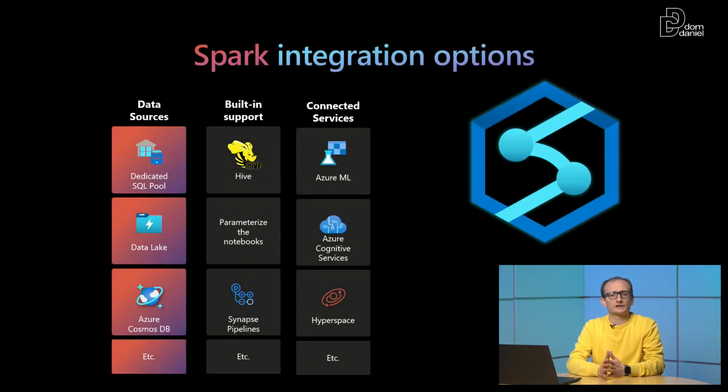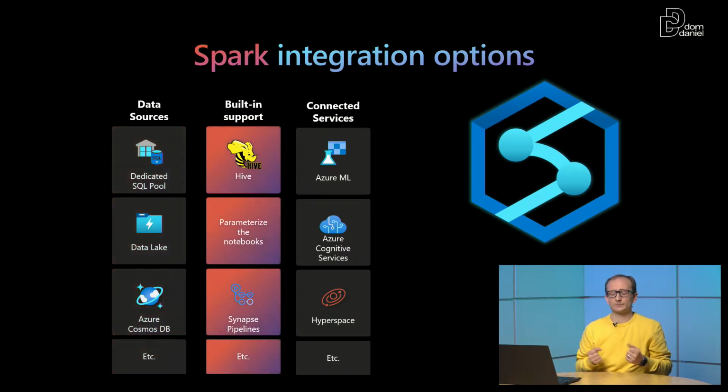Here we have Spark integration options with Synapse. On data source options, we have a dedicated SQL pool. Next, we have data lakes, and of course, the widely used Azure Cosmos DB, etc. Next, we have built-in support for Hive, parallelized notebooks, and of course, Synapse pipelines, which allow you to build widely used ETL and ELT pipelines.